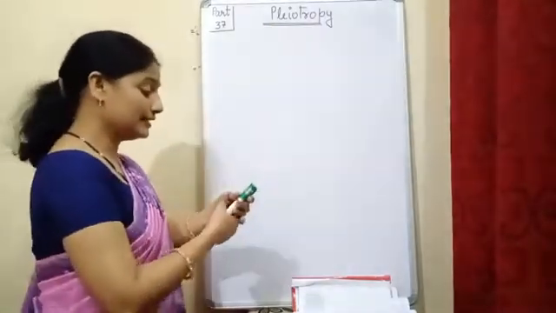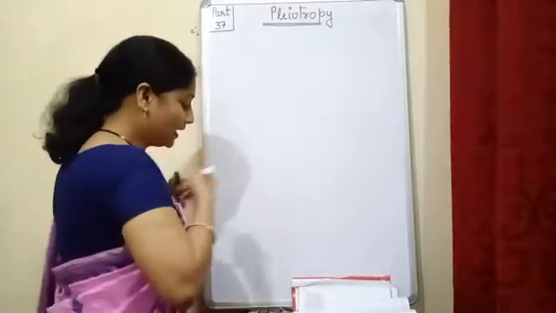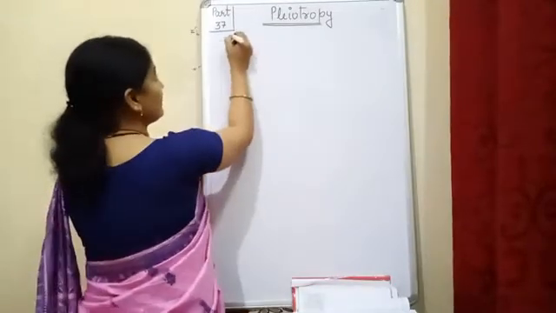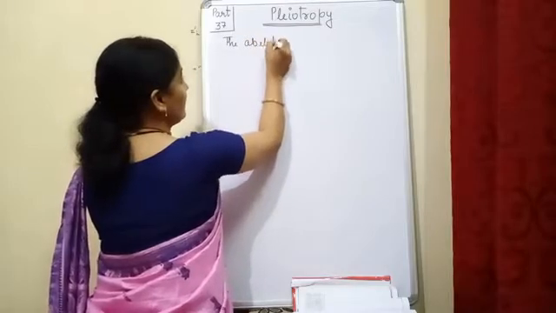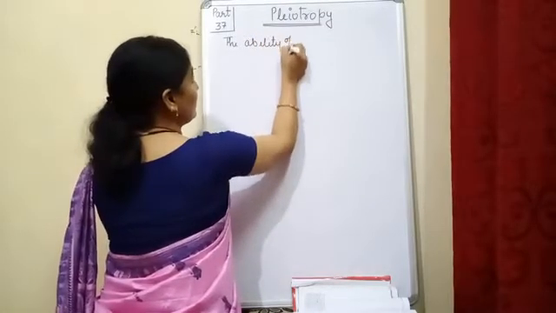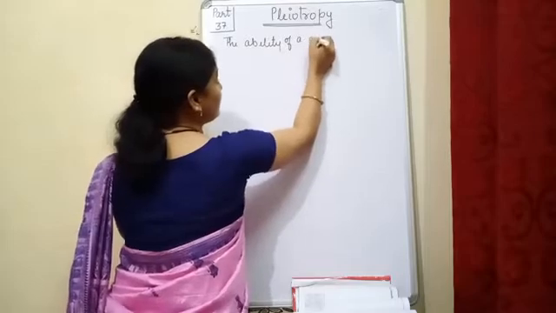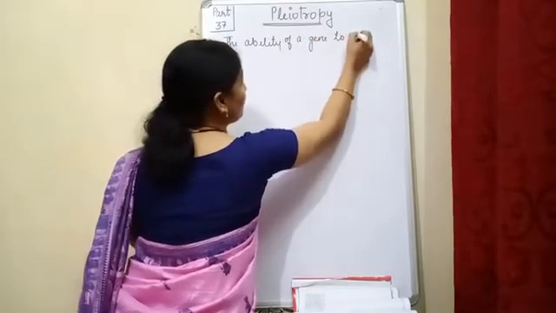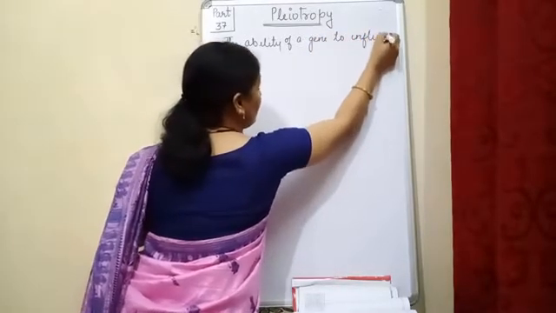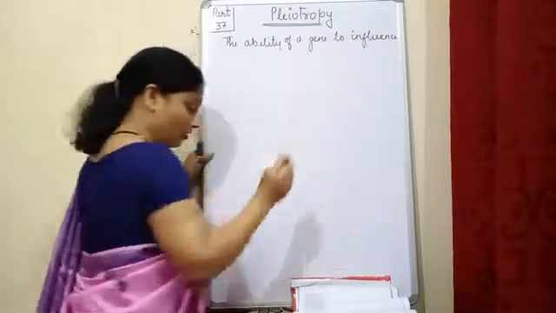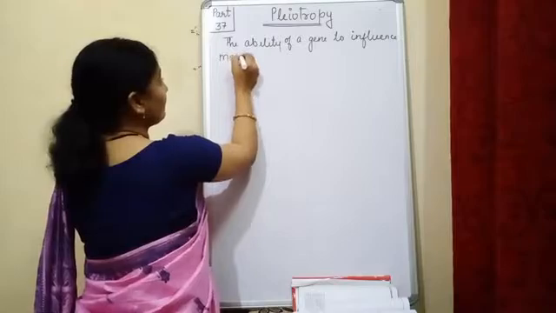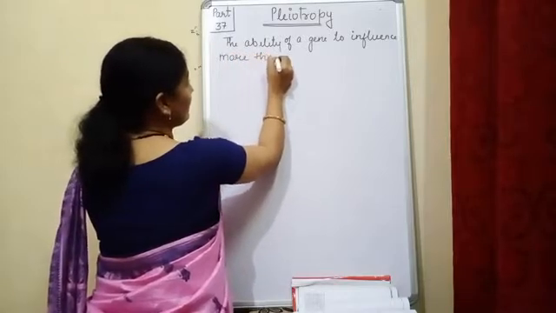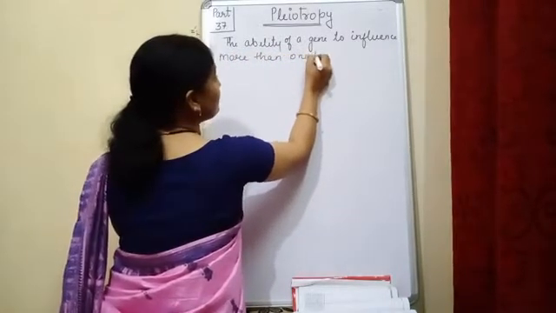Now see the definition of pleiotropy. The ability of a gene to influence more than one trait.